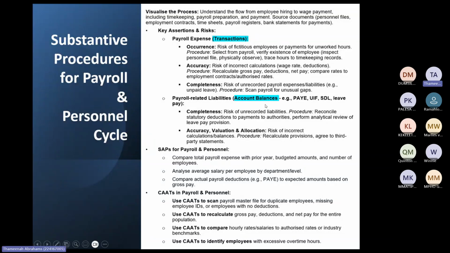The reason why pay as you earn, UIF and SDL is an account balance usually at year end is that throughout the year it goes in as a balance, but it gets reversed again, because at the end of the month, I think for SARS, they must only pay it over by the 7th of the new month. So for example, if your financial year end is December, at the end of December it will still be seen as a liability in the books of the client until they pay it over in January, because SARS only wants that by the 7th of January.